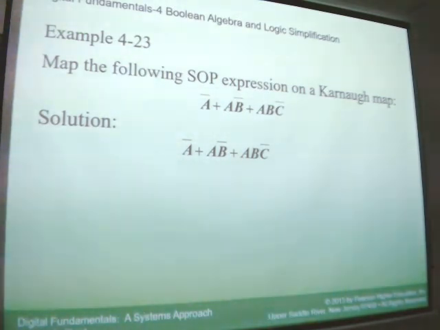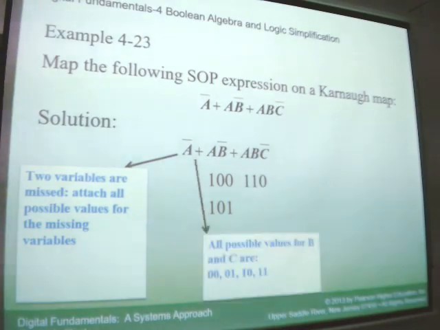This expression can also be converted to a standard SOP expression, and then we place 1 on the corresponding cells.